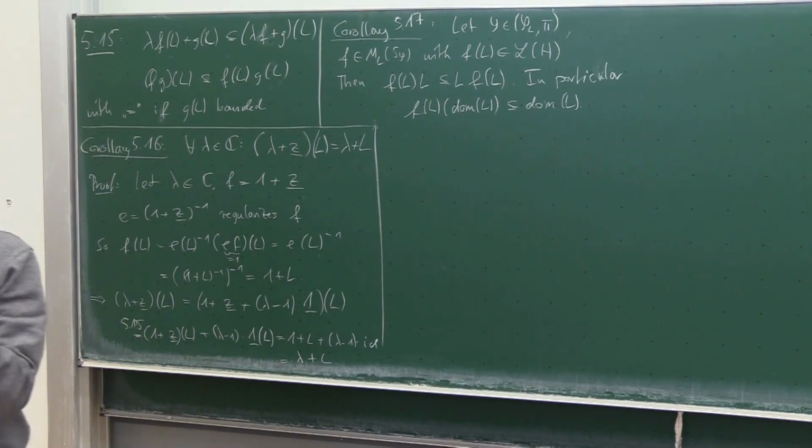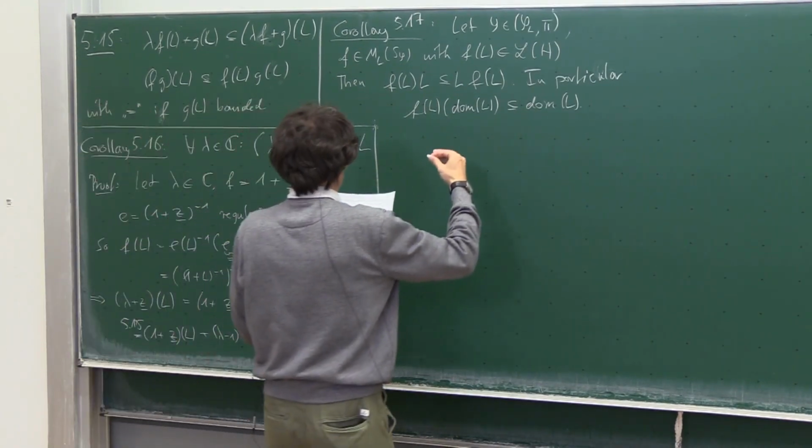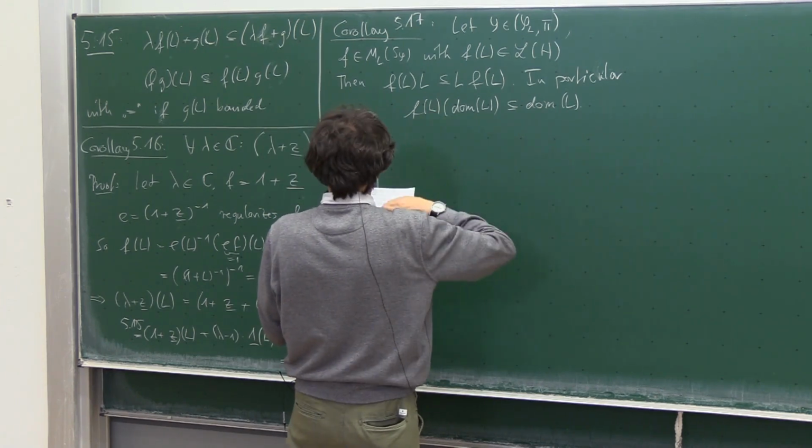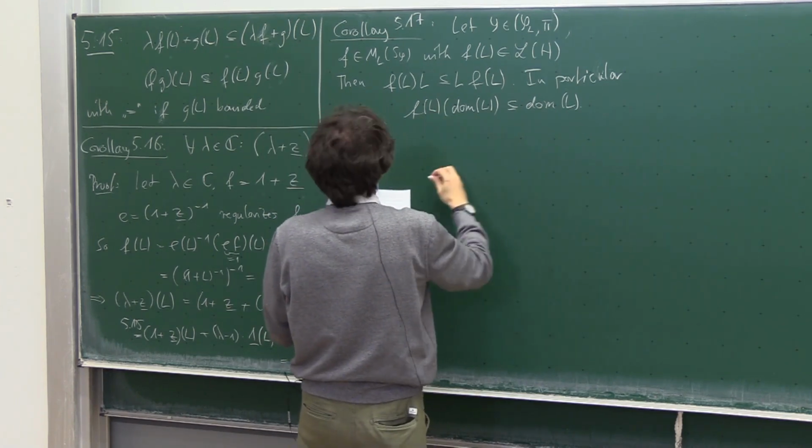It's not really commutative because you get an inclusion, but if you pay the inclusion, you can swap the two operators. That's what the corollary says.